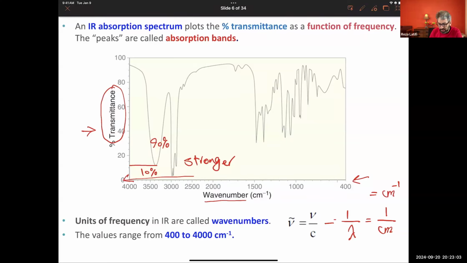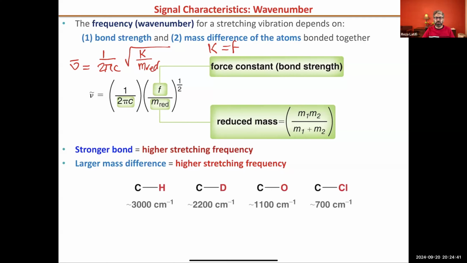As the mass difference between the two atoms gets bigger, you need to apply a higher energy, again a higher frequency, to vibrate that bond. Look at carbon and hydrogen. In order to stretch that one, we need to apply 3,000 wave number.